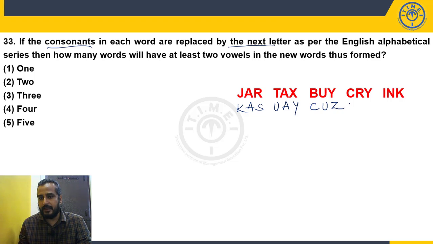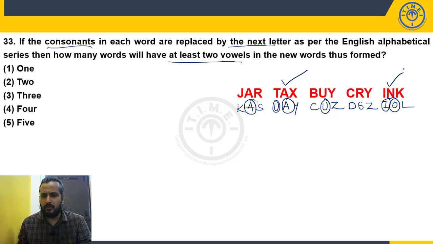Y, Z. C, D, R, S, Y, Z. I, no change. N, O, K, L. Now what is the question asked? At least 2 vowels. We have only 1 vowel. Only 1 vowel. No vowel. 2 vowels. So how many such words are there? 2 such words are there. So choice 2.